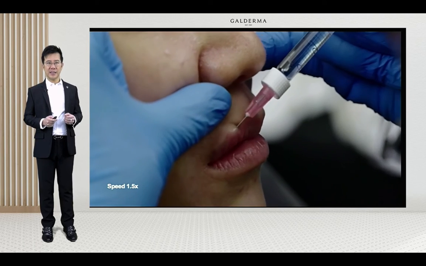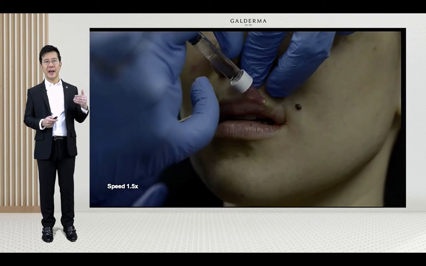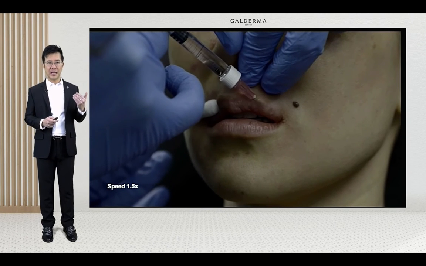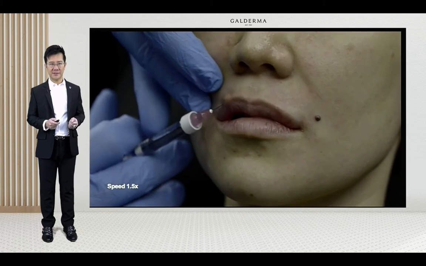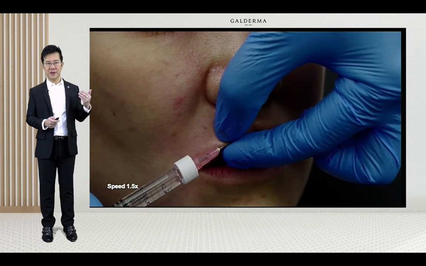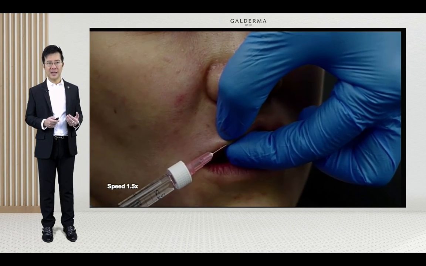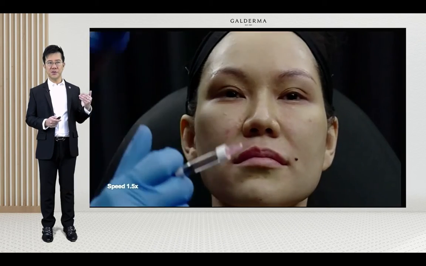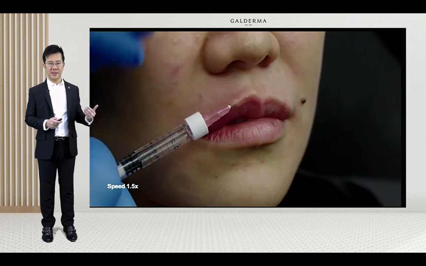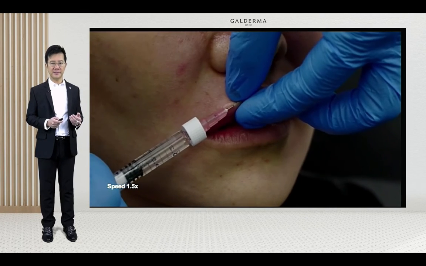I usually start to inject at the upper lips to create a small bulge laterally, both sides, and then enhance the vermilion border. I like to use 2 fingers to control and create lip shape like this.